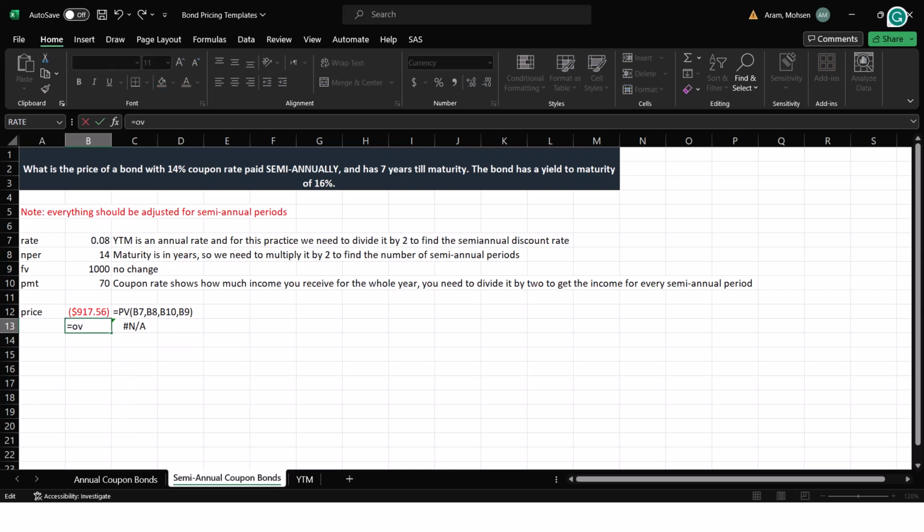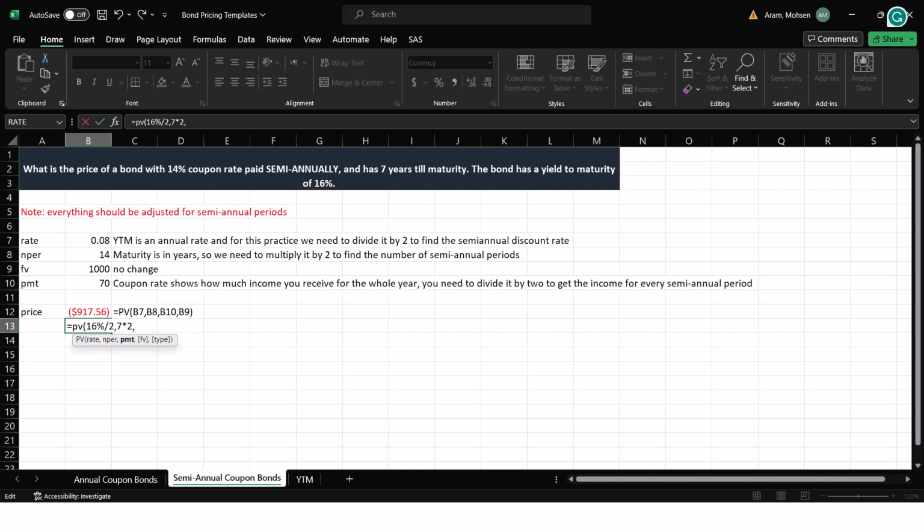In fact, you can actually do this calculation here. So PV would be your rate, which was 16%. So 16% divided by 2. Number of periods is going to be 7 multiplied by 2.